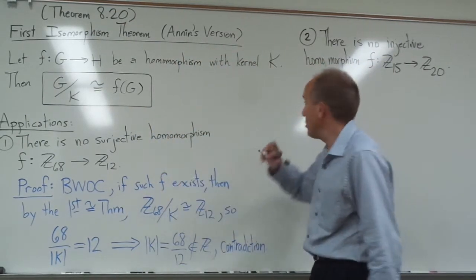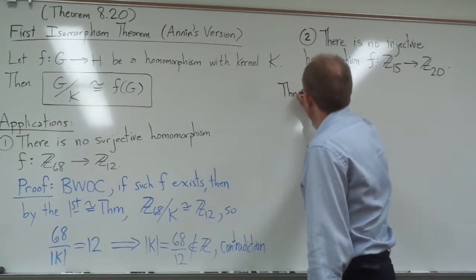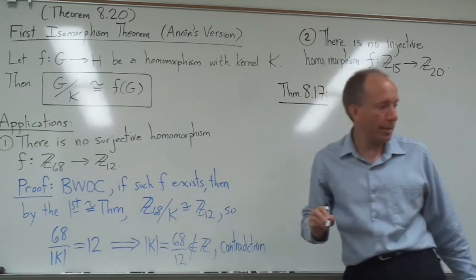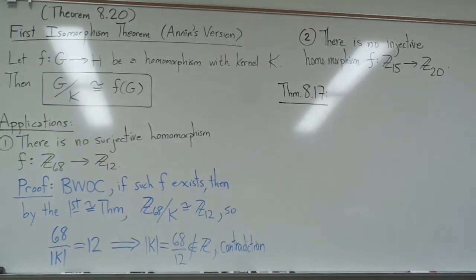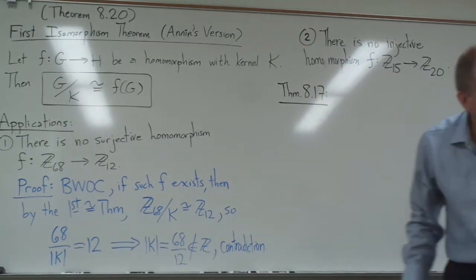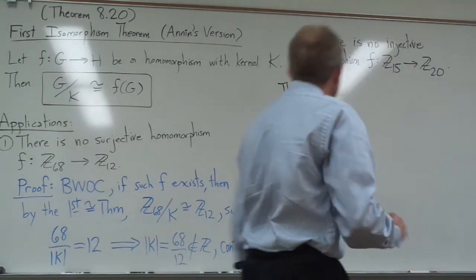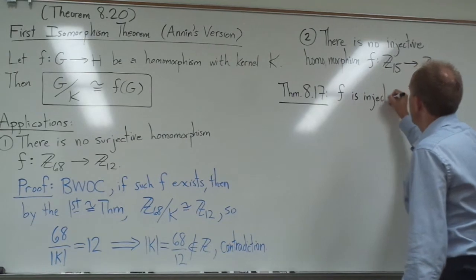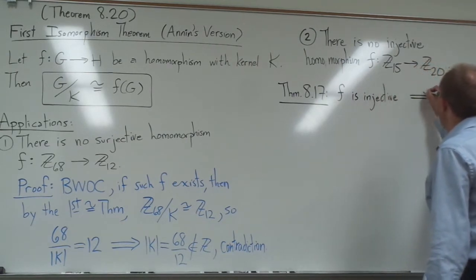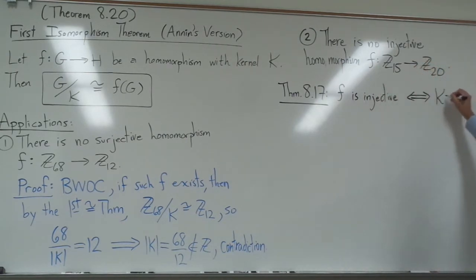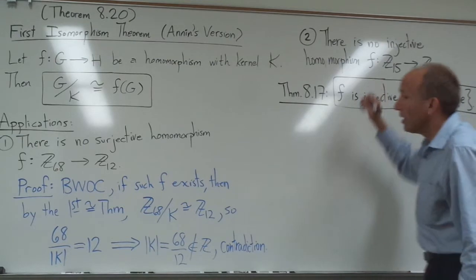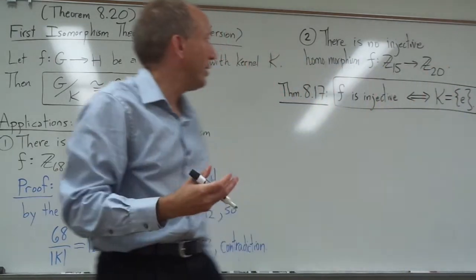Okay? To prove this one, it's almost the same kind of idea as what we did on the first application. I do just want to make a note of something here, and this is something you may already have realized. It's actually stated as a theorem in the book, and what this says is just that, as a general fact, f is injective if and only if the kernel is trivial. This is the same kind of theorem that you would have in linear algebra, right?